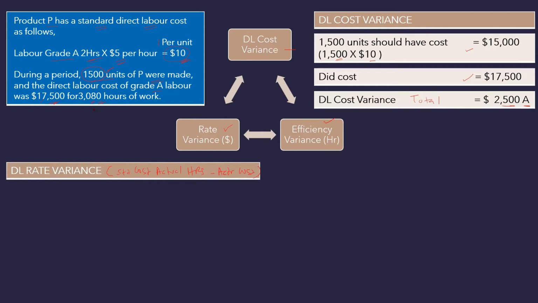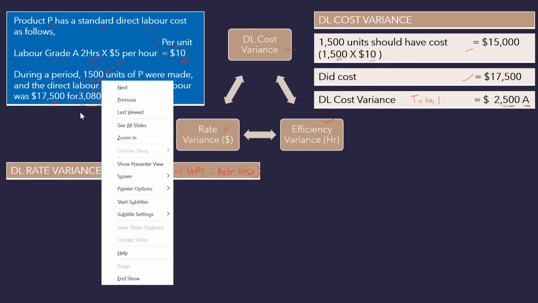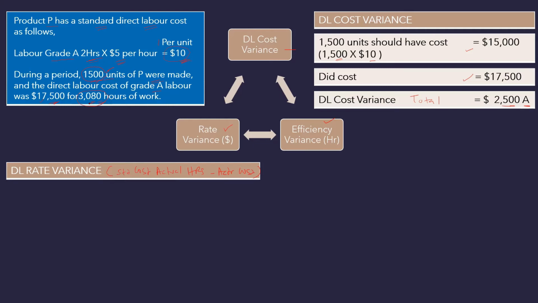Now actually, how many hours were used? 3,080 hours were used to produce 1,500 units. So basically, you used 3,080 hours at $17,500.